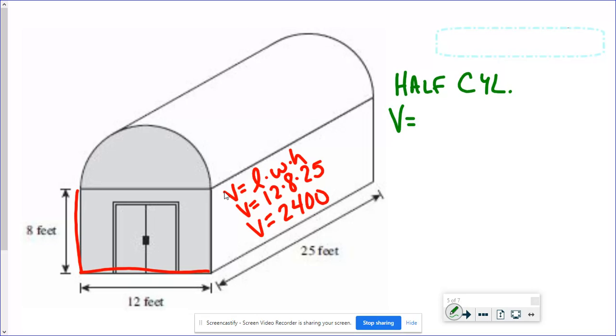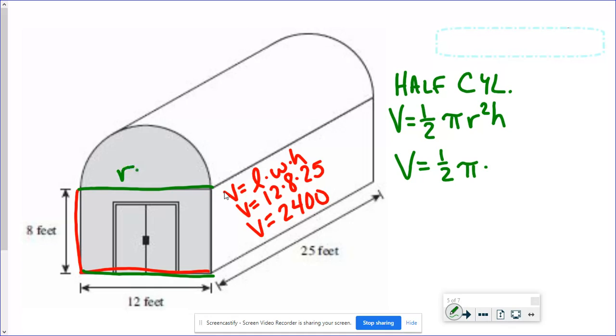Then for the half cylinder, I would have that the volume of a regular cylinder is pi r squared h. I'm just gonna put that 1/2 out in front right away. I know I only have half of the cylinder anyway. That way I won't forget about dividing by 2 at the end. So I've got 1/2 pi. The radius is halfway across. Now I have the full diameter right here would be 12 feet. So the radius is going to be 6 feet.